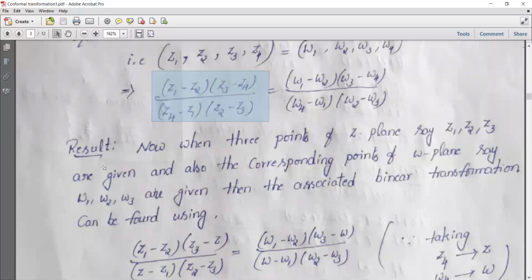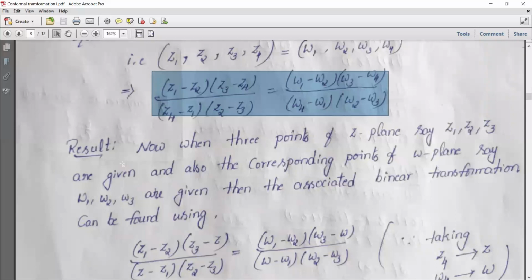Next, one more result. Suppose 3 points Z1, Z2, Z3 in the Z plane transform to another 3 points W1, W2, W3 in the W plane under the bilinear transformation.